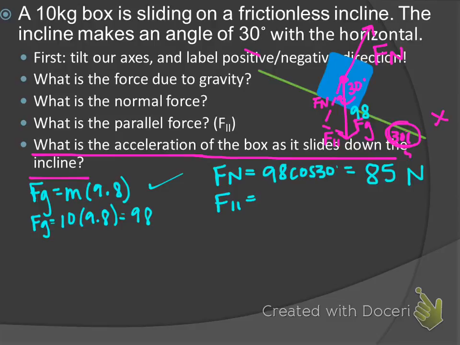To find F parallel, we would take the hypotenuse times sine of 30, because that parallel component is opposite of my 30-degree angle. That's 49 newtons. So we've solved for the force due to gravity, the normal force, and the parallel force. We need to find the acceleration of the box. How do we go about doing that?